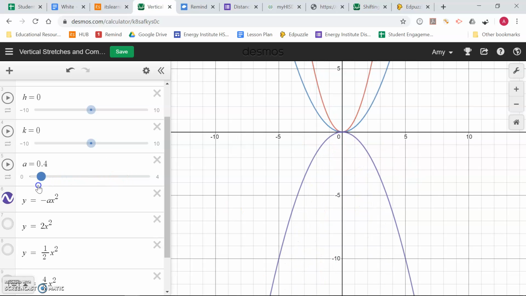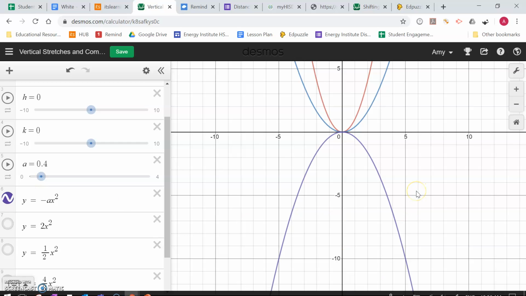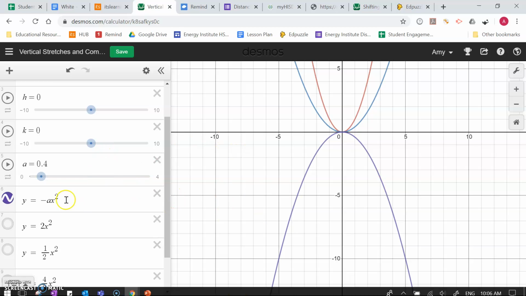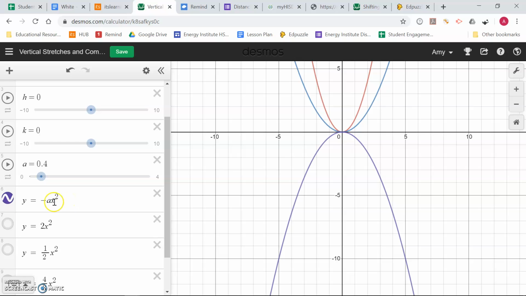And it's still being compressed, but it has also been reflected. So there's two different things that A can do to it. It can stretch or compress, and it could possibly be reflecting. And we knew that from when we first learned about graphing parabolas, and we saw that when you had a negative in front of the x squared, it flipped it over. It opened down. And so that's still the case here.